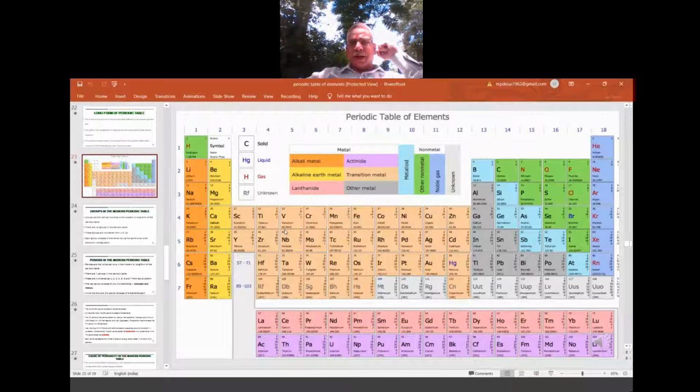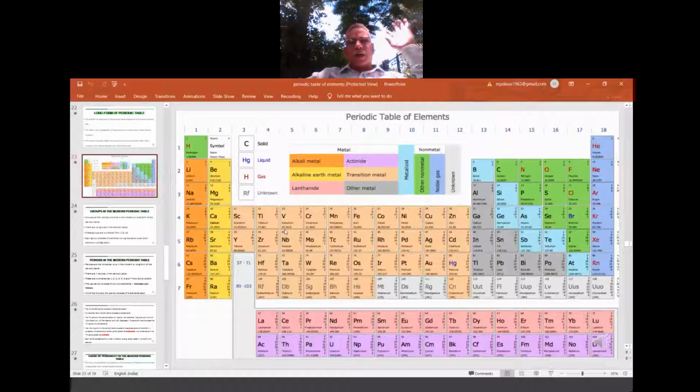So my saying is that the modern periodic table depends upon electronic configuration, which in turn depends upon atomic number. So whether you go group wise, block wise, or period wise, wherever you move, left to right or top to bottom, we ultimately come across electronic configuration.